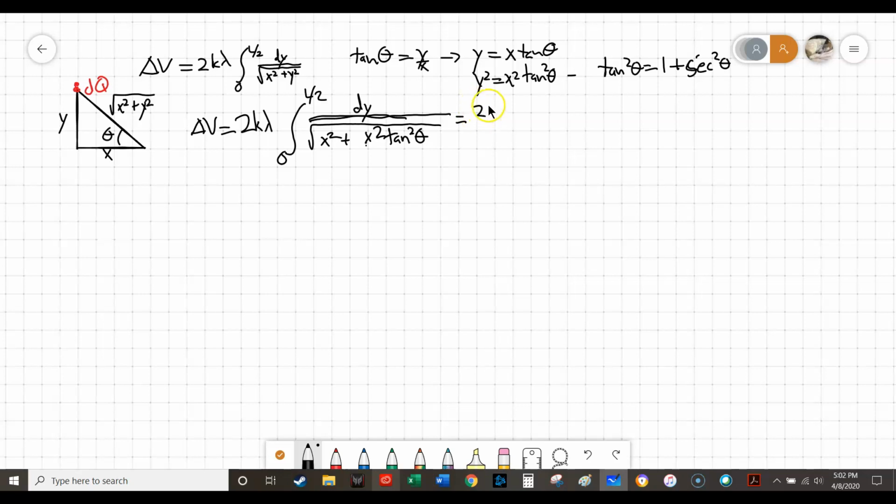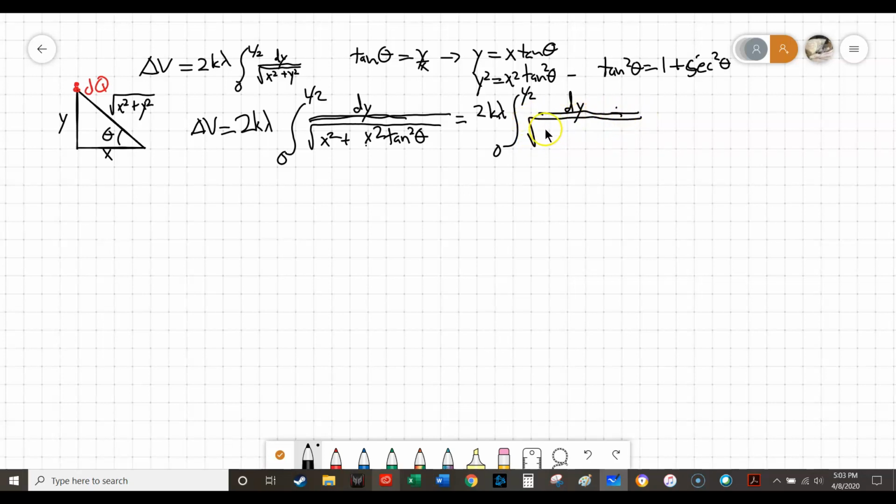I'm going to keep copying all these integrals over, 0 to L over 2. Now we have x squared plus x squared tangent squared of theta. So I'm going to go dy, and I'm going to substitute out that x squared.